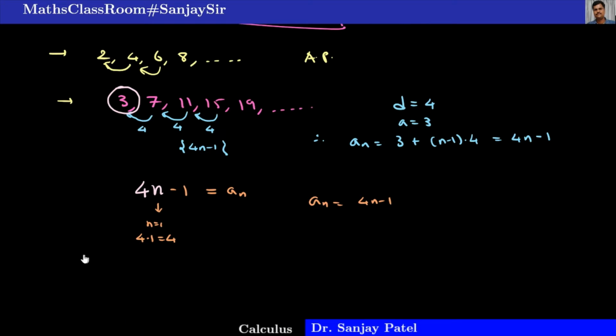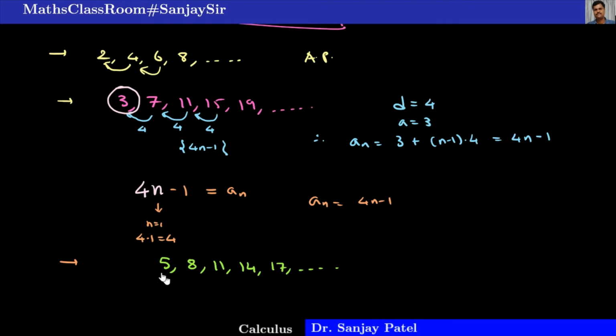Let us take another example. Suppose we have another sequence, say 2, then let me write some other thing, say 5, then 8, 11, 14, 17 and so on.